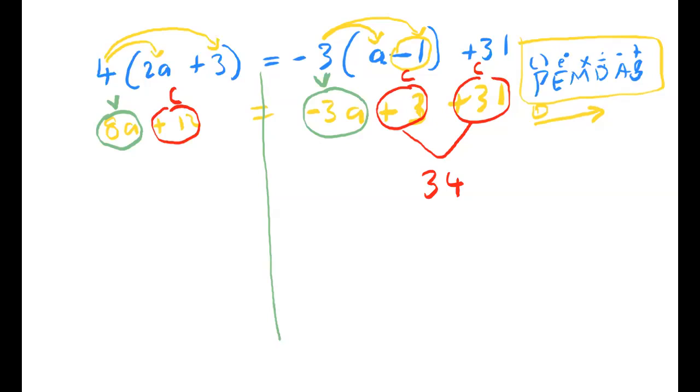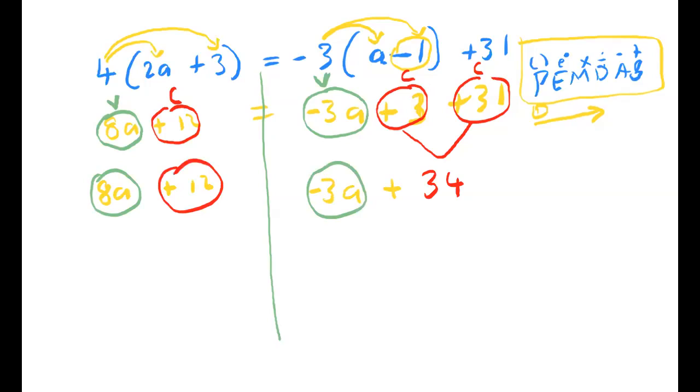And now we have negative 3A. Remember, if it doesn't have a sign, it's a positive sign. And we have the 8A and plus 12. Let me label the variables green and the constants red. Remember, all the constants need to be on one side and the variables need to be on one side.